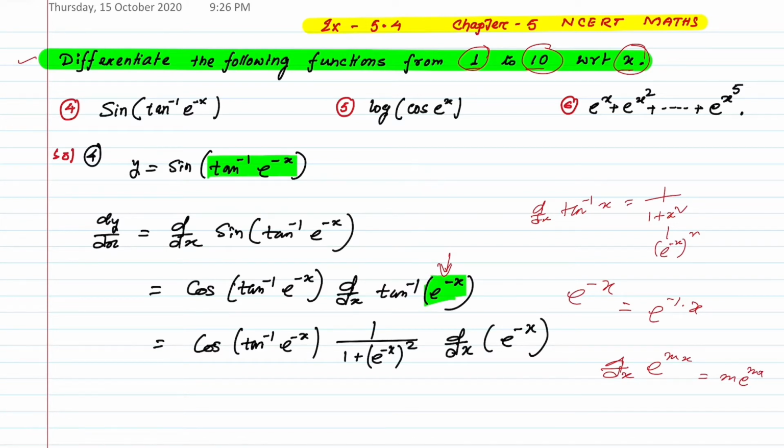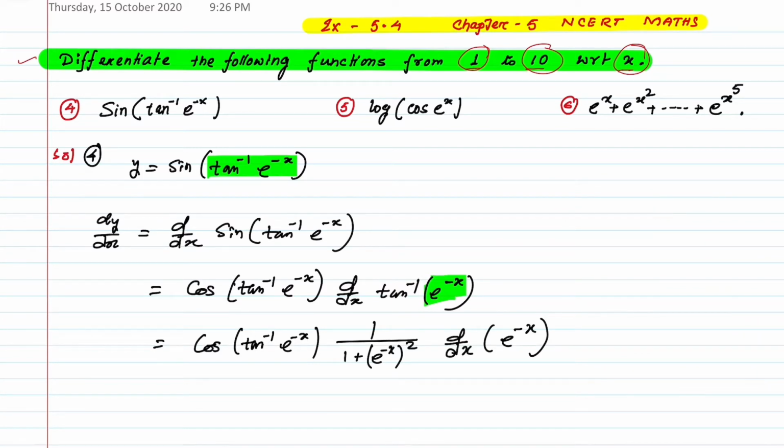So the derivative of e to the power minus x will be minus 1 into e to the power minus x. So our final result will be cos of tan inverse of e to the power minus x into 1 by 1 plus e to the power minus twice x, and the derivative of this one is minus 1 into e to the power minus x.